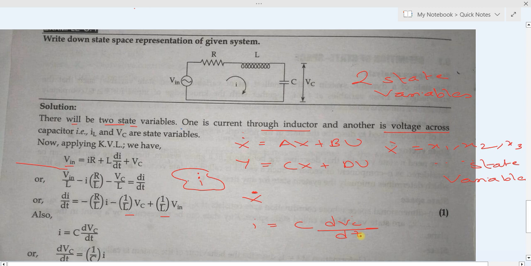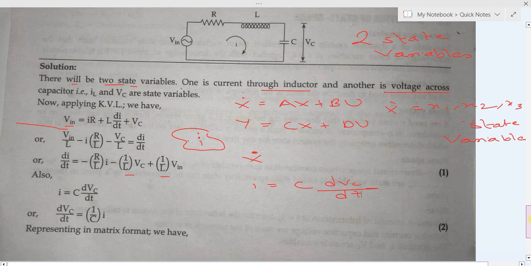We need the derivative of Vc. How can we keep the equation in derivative form? Just by arranging the equation I equals C dVc/dt. So we get dVc/dt equals 1/C times I.